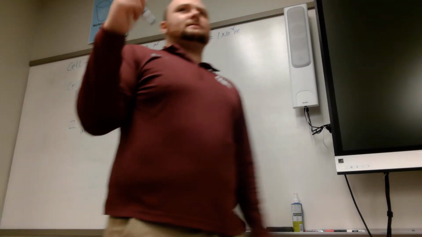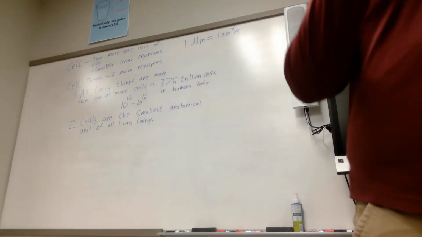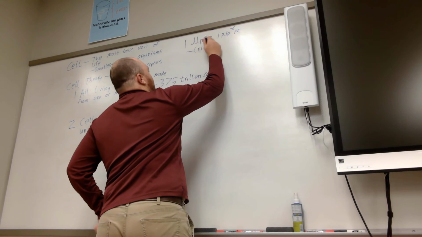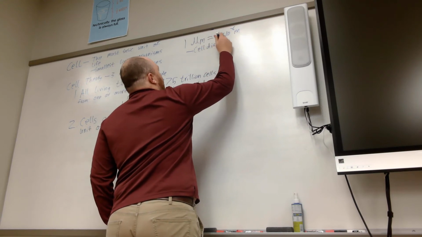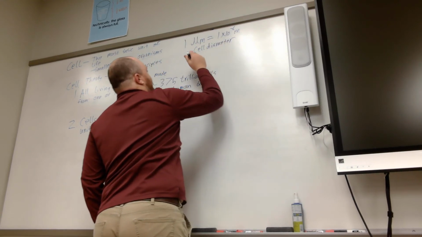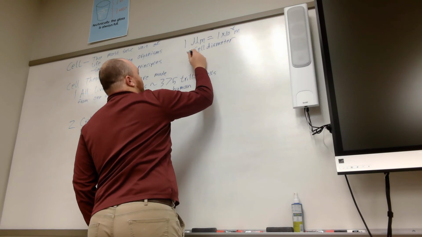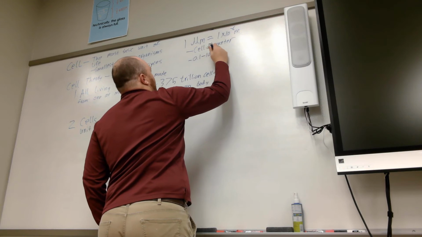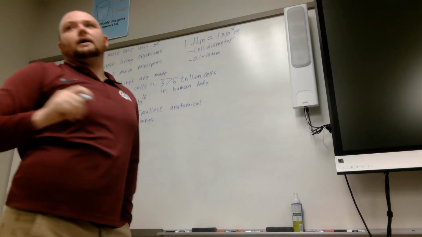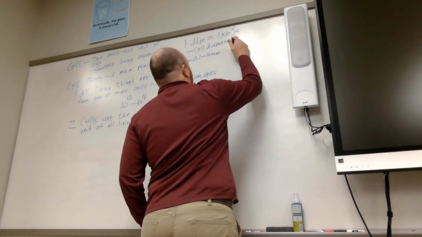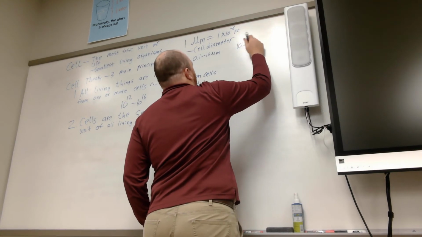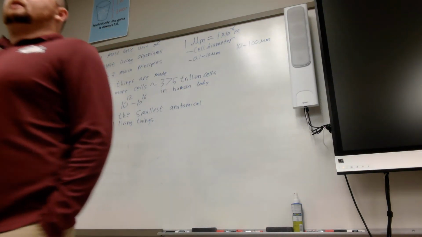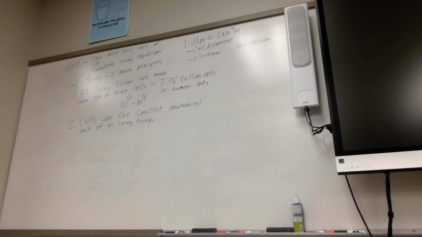We have 2 different types of cells, and we'll go over those. Basically, depending on the type, one type has a cell diameter between 0.1 to 10 micrometers, and the other one is between 10 to 100 micrometers in diameter. We'll talk about those 2 in a second.